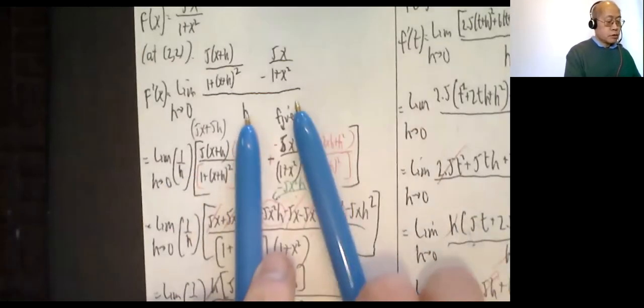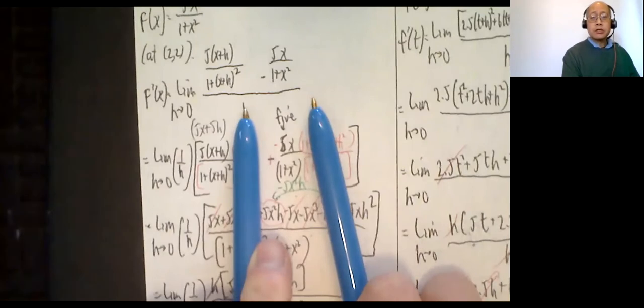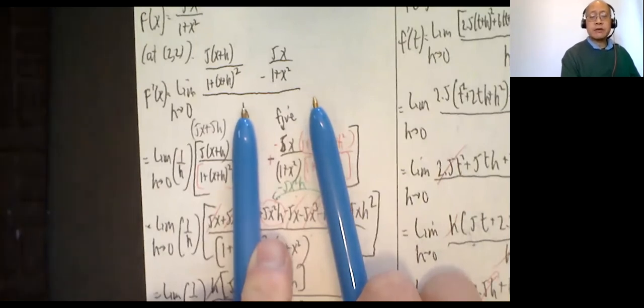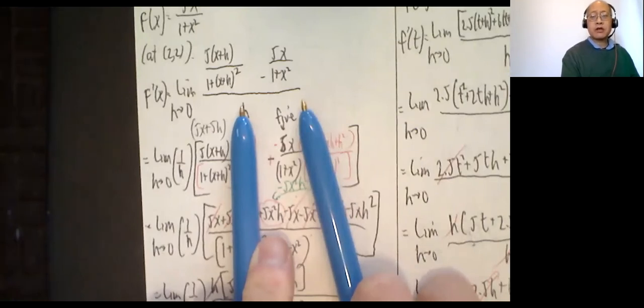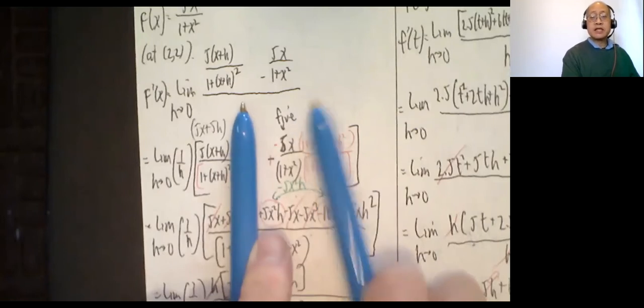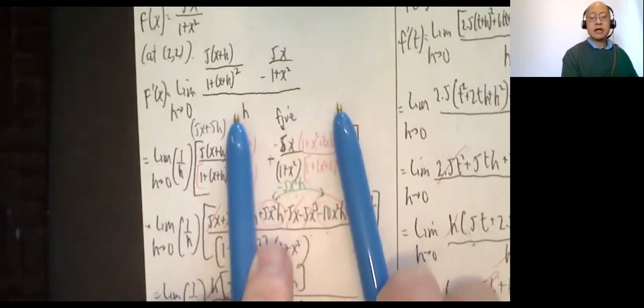Okay. All right. So the left side is 5 times x plus h over 1 plus x plus h squared. The right side is 5x over 1 plus x squared. Just like the other fraction one, this side needs this denominator and this side needs this denominator.